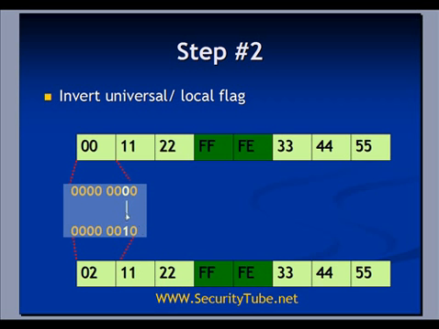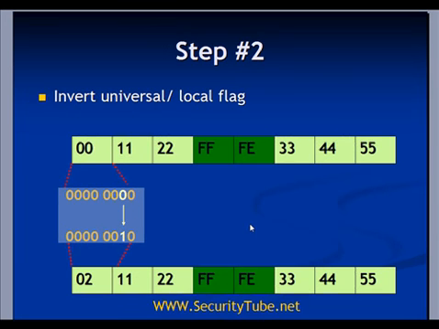So for creating these virtual MAC addresses, the administrator will be setting this 7th bit to 1, indicating a local bit. So when the bit is 0, it is a universal bit or globally unique bit, and when the bit is set to 1, it is a local bit. While converting a 48-bit MAC address to EUI-64 format, one is supposed to invert the universal local bit value.